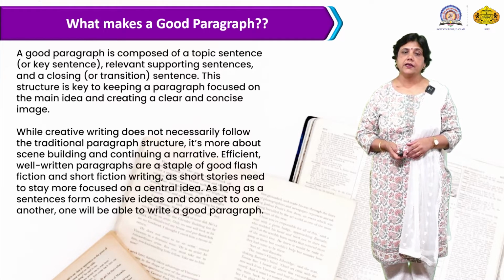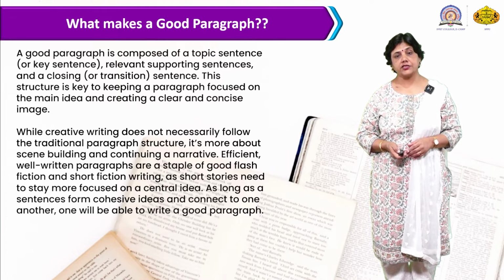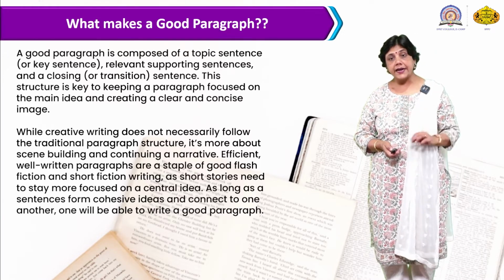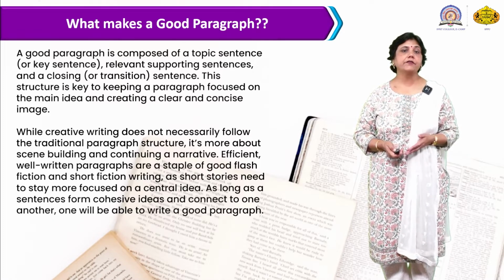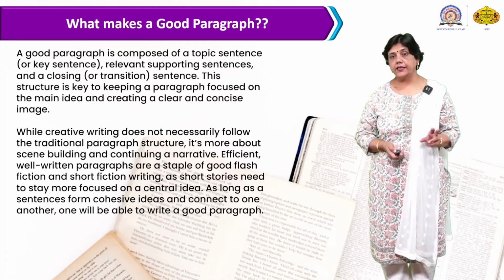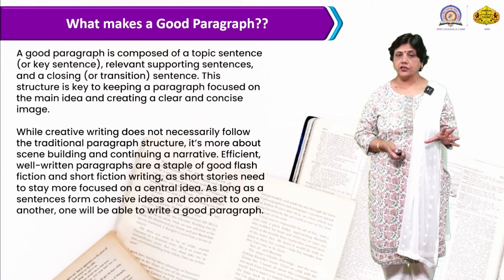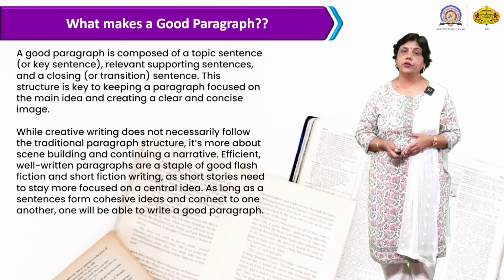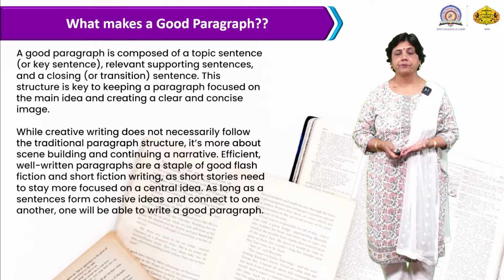While creative writing does not necessarily follow the traditional paragraph structure, it means creative writing is slightly different from literary writing. So in creative writing, we necessarily don't follow a proper traditional paragraph structure. It is more about scene building and continuing a narrative as if things are happening in front of us.